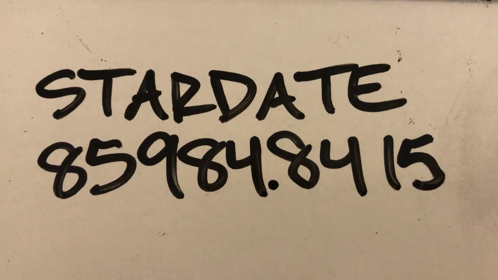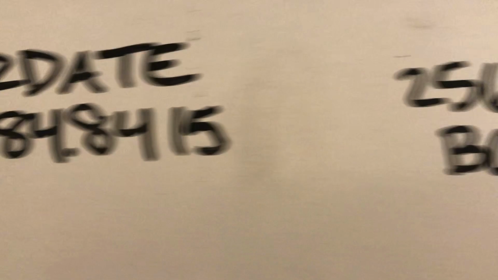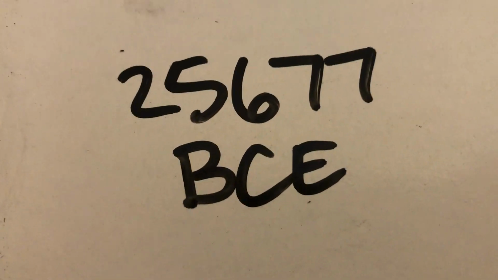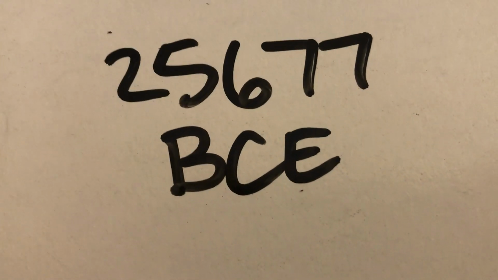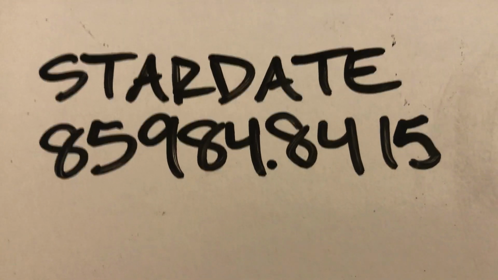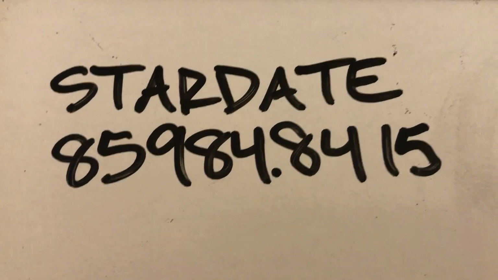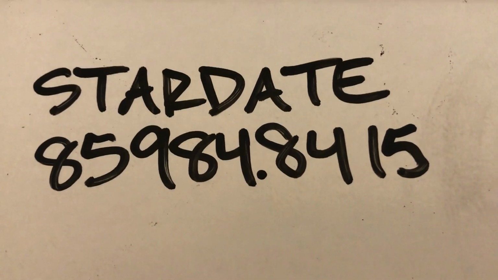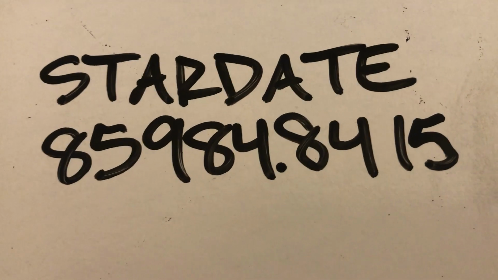And that is how many years have passed since Stardate 0, which was 25677 BCE. So since this original 0 point, 85,984.8415 years have passed. So how do we figure out what year it is in the Common Era? Well, pretty simple.